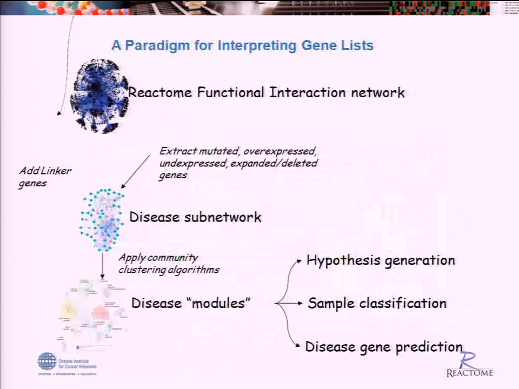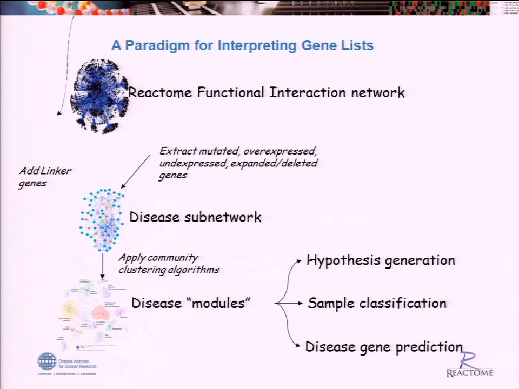Okay. So I want to talk about what I've been doing on the research side, which is a simple recipe for interpreting gene lists, and this is going to overlap with Frank and Igor's talks, but is slightly different.